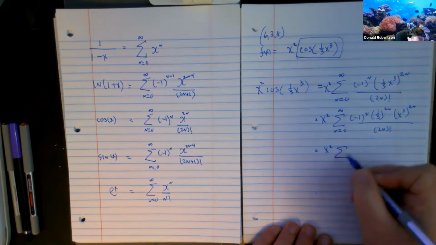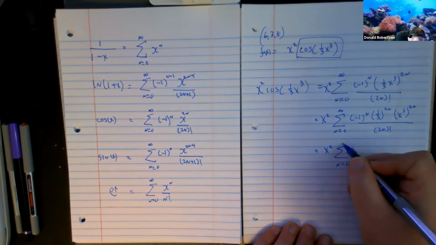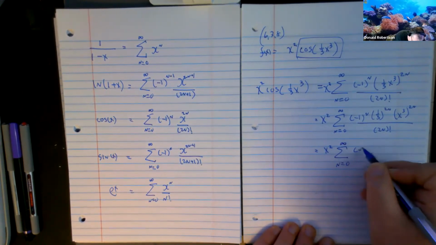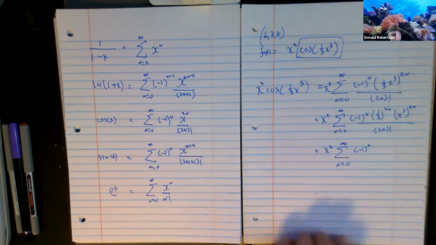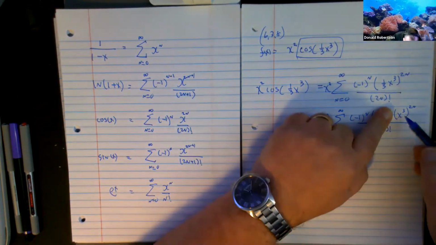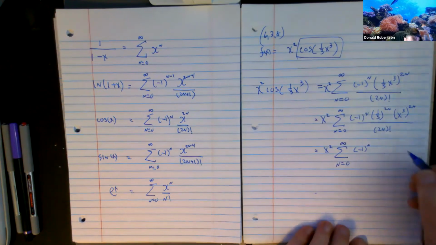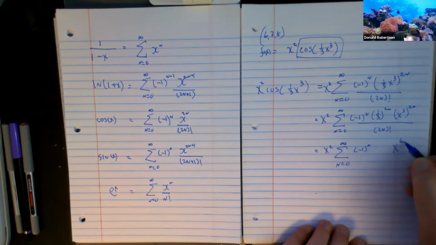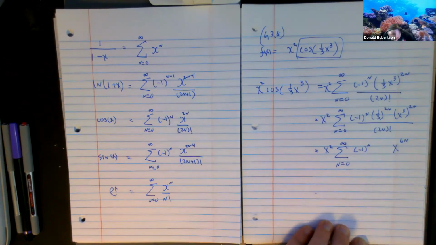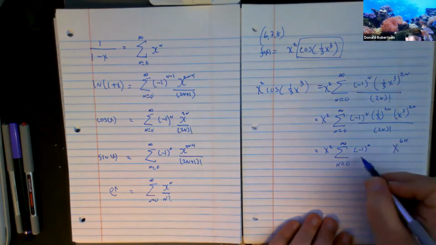And again, I'm probably going to end up doing more lines than you would want, but I want to show you all the steps here. X cubed raised to the power of 2n now gets you x to the 6n, over 2n factorial.